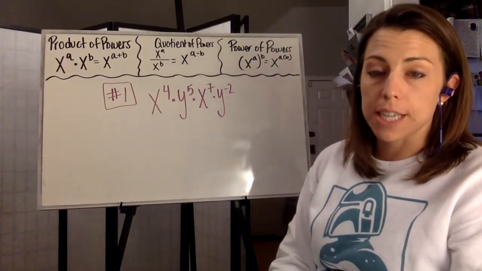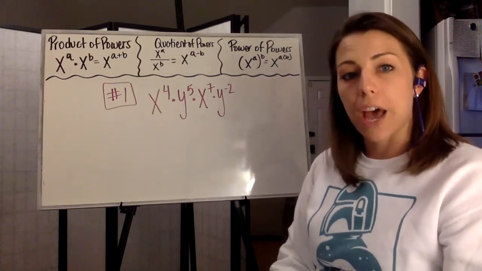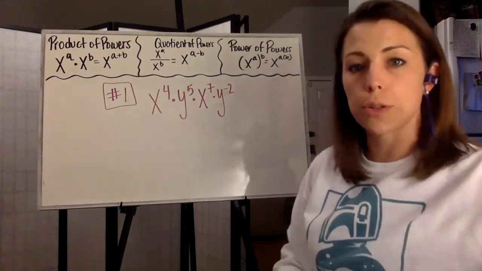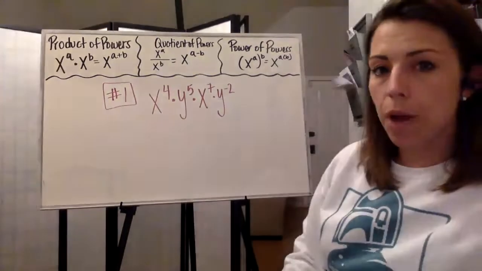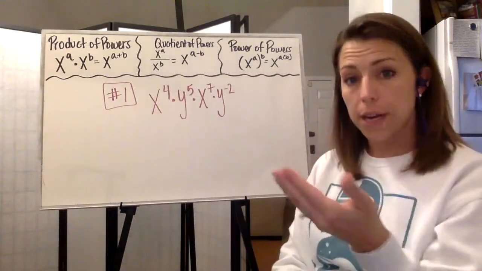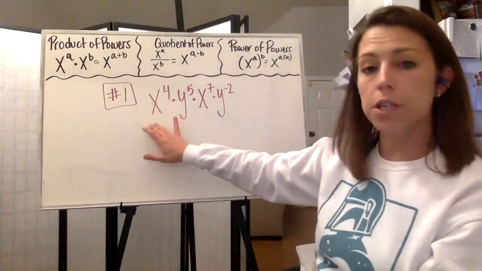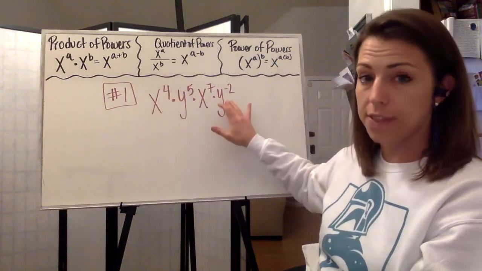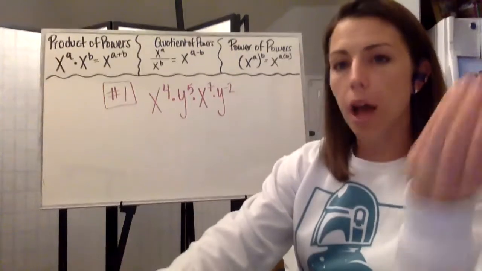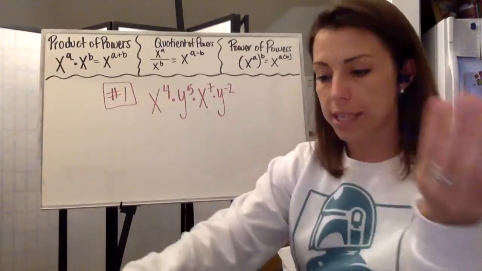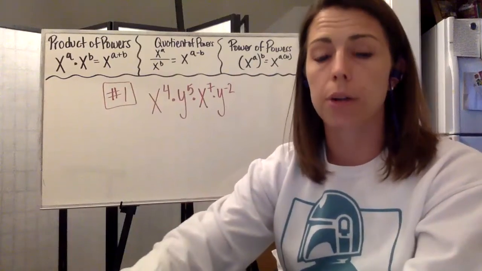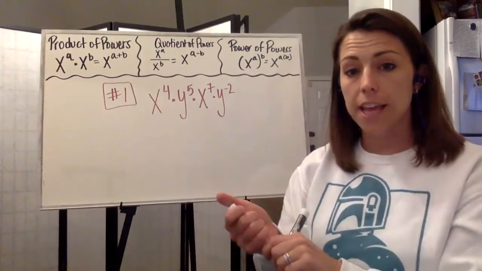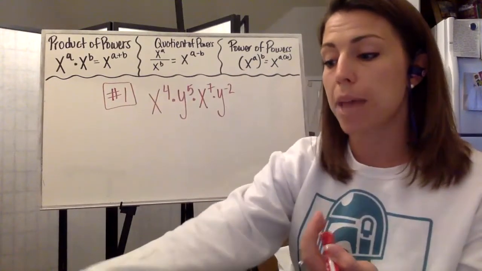For those of you who are sticking with us, we're going to look at how to apply the properties to this problem. The first thing that I notice is that we have 4 different powers. We have x to the 4th, y to the 5th, x to the 7th, y to the negative 2nd. In product of powers, which by the way, this is a product of 4 different powers, you can only add the exponents if they have the same base.